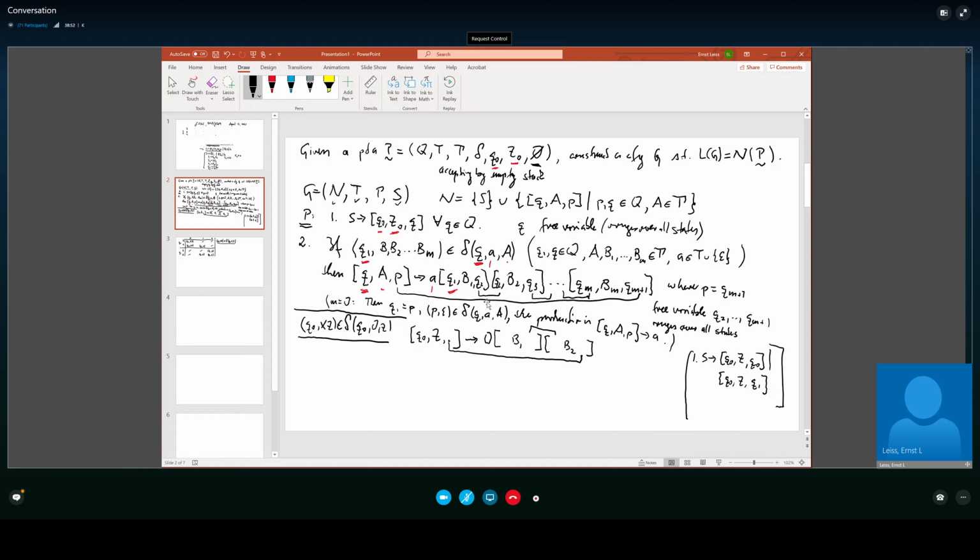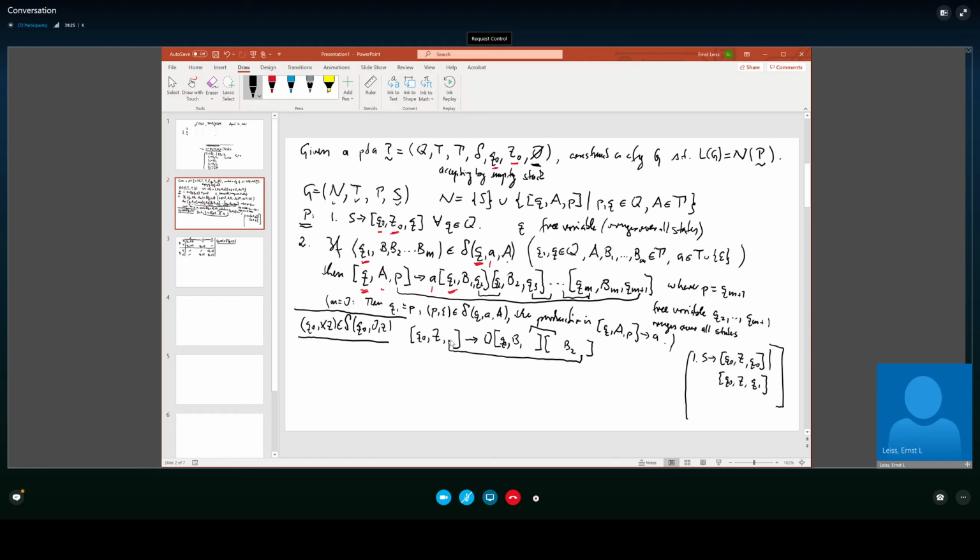And now that Q1, what is the Q1? The Q1 is this. So that is the Q0 here. So we have to do that matching up. This Q1, B1 through Bm is Q0xz. So this is the Q0 that we have from that. And the rest are free variables.